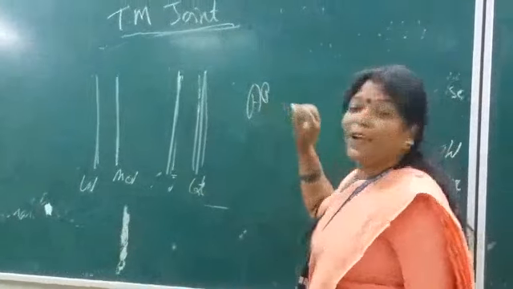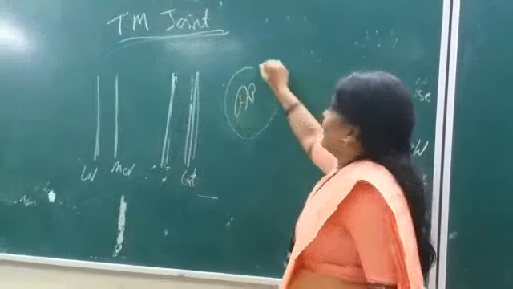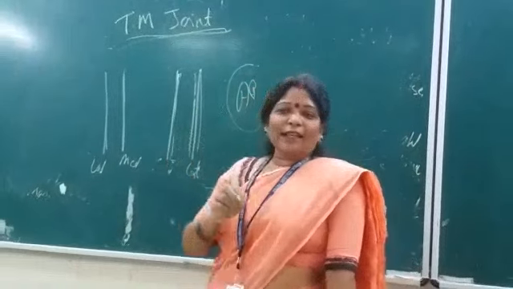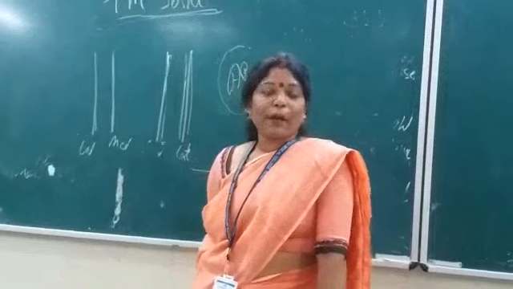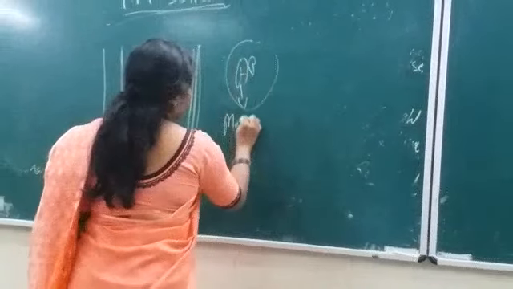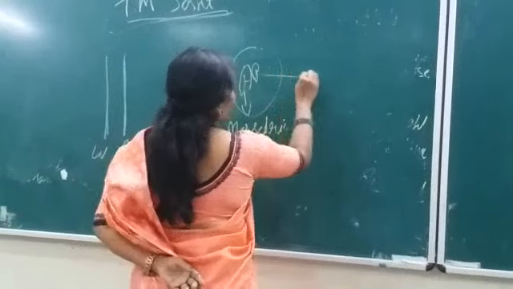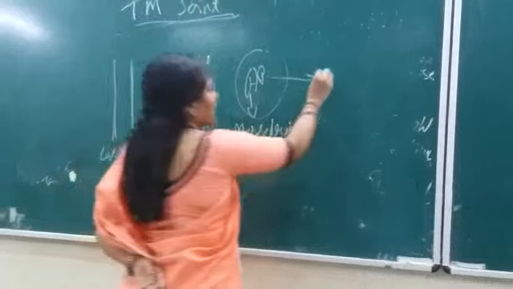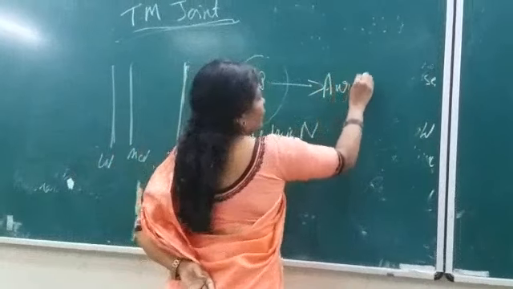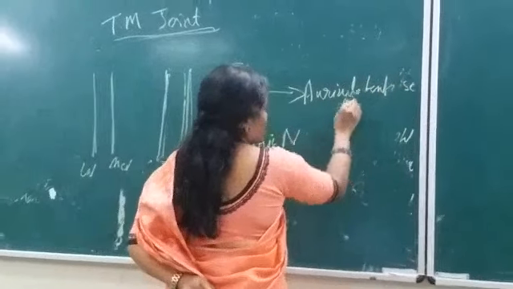So anteriorly or posteriorly? Anteriorly, which nerve? The masseteric nerve. And posteriorly? The auriculotemporal nerve.